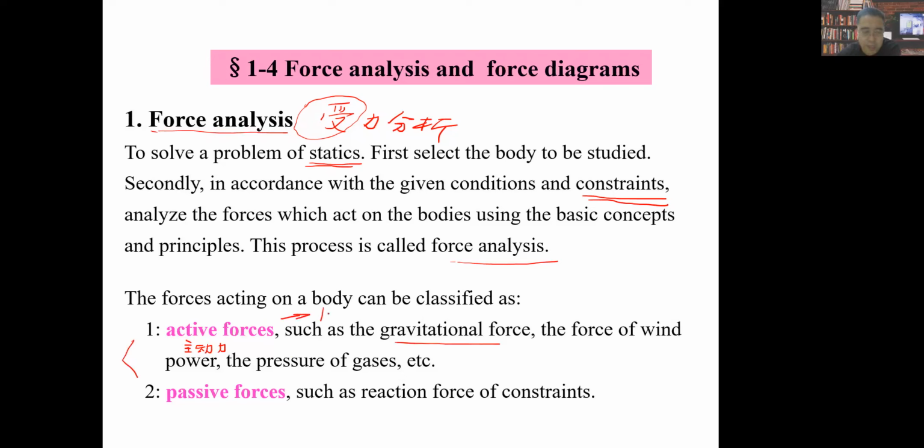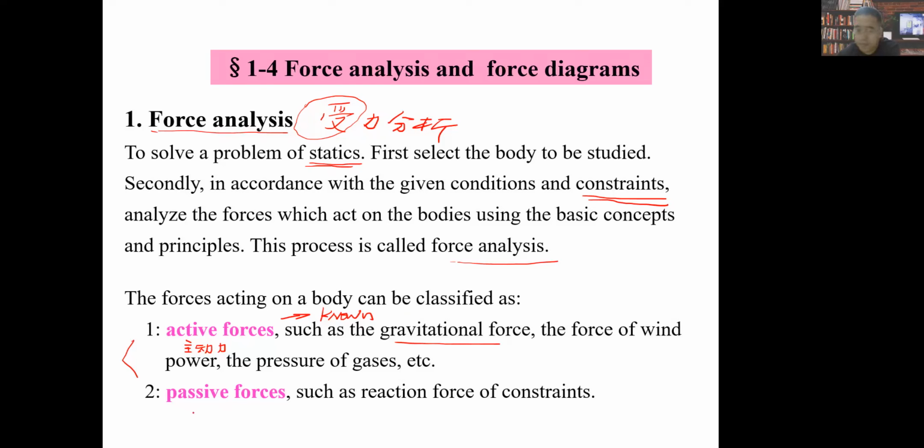So all these kinds of active forces, in many cases, are known. We know its magnitude, we know its direction, and we know its point of application, right? Active forces are known conditions. And the second one is the passive forces. Actually, compared to this 主动力 in China, we can call that non-active forces, 非主动力.